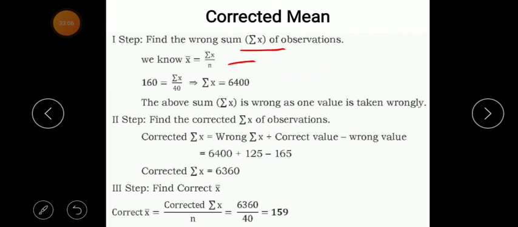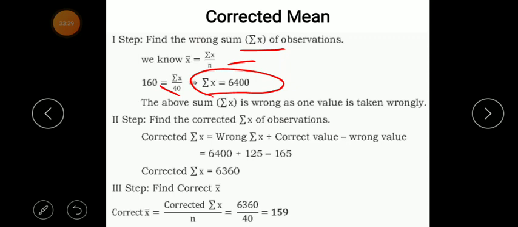So 160 equals summation x, which we don't know, divided by n, which is 40. Multiply by 40 and summation x equals 6400. So this is the wrong total that we had calculated.